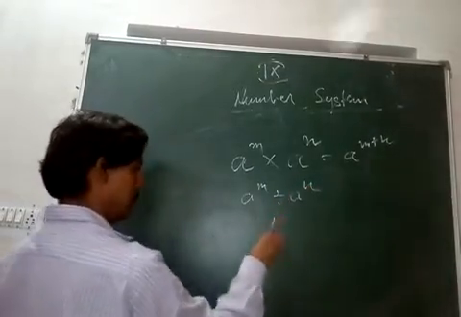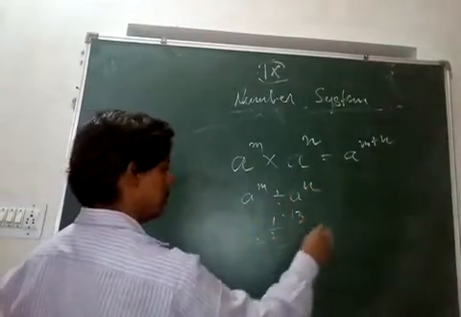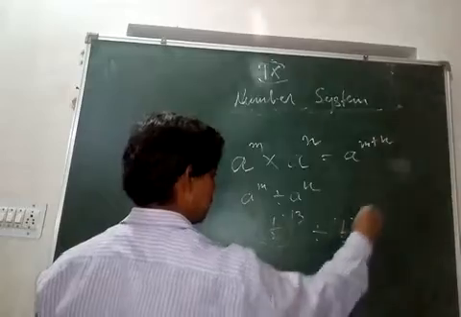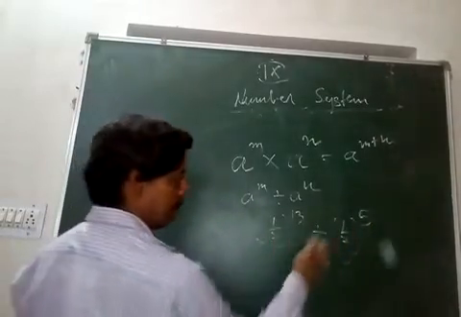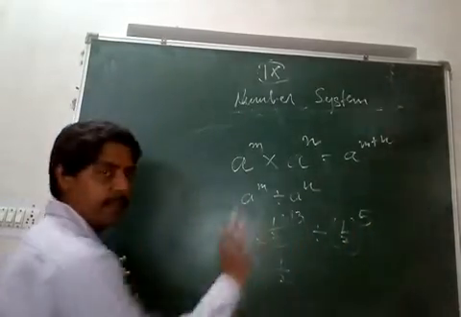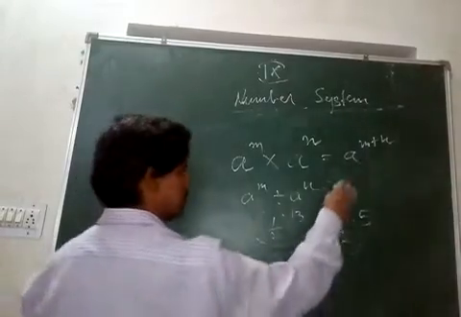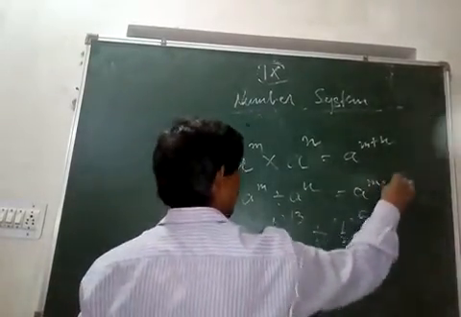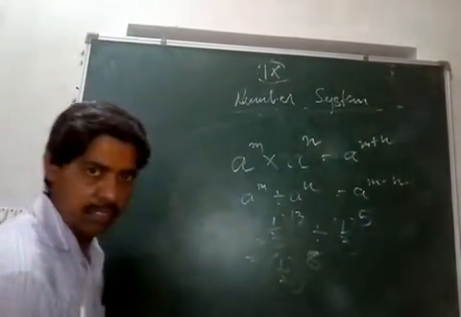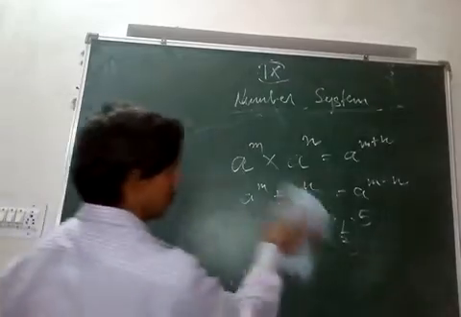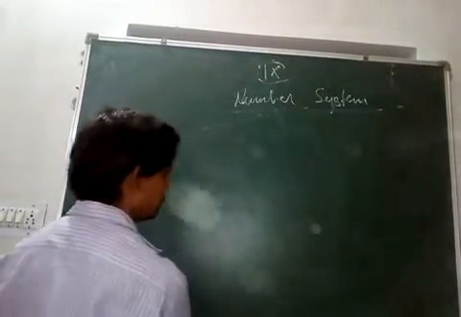So it's like half to the power 13 divided by half to the power 5. So 13, because these are 13 times and these are 5 times, so 13 minus 5 is 8. So this is a to the power m minus n. Okay, so simple laws, and I'm sure you know the other laws like this.